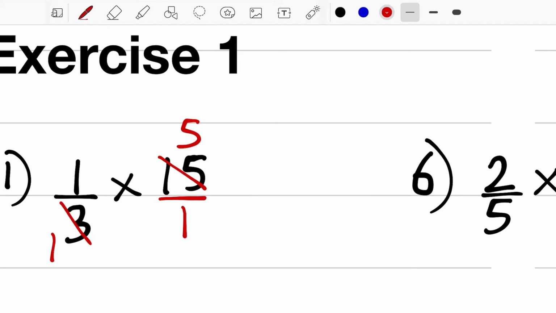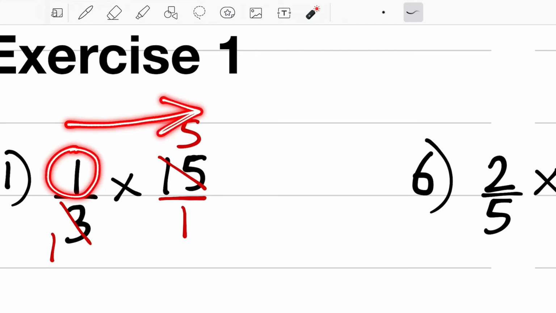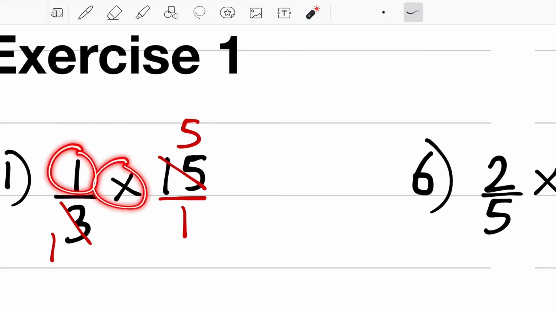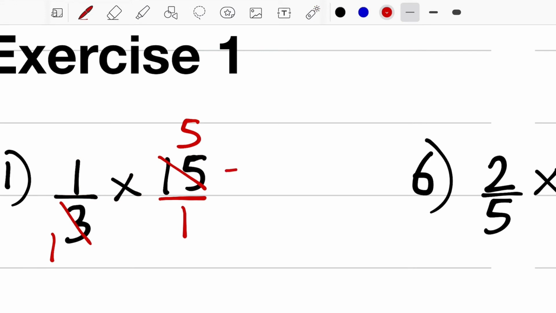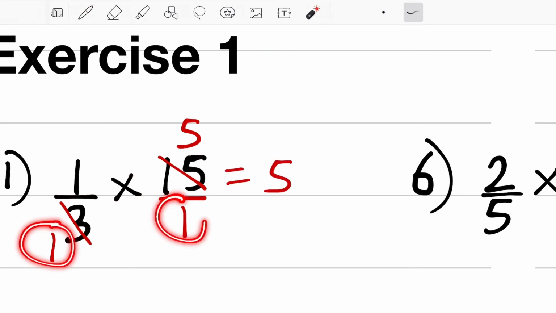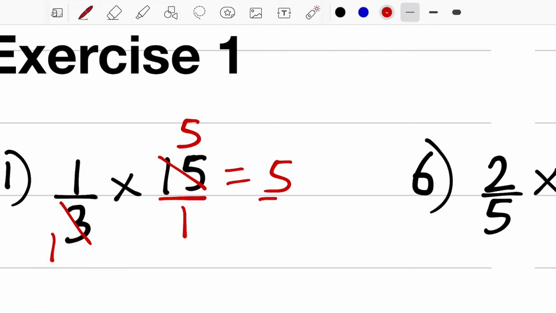So once there's no other number that we can divide a number on top and a number below by, then we can multiply across. So 1 times 5 is equal to 5, and below we have 1 times 1, and some persons put is equal to 1 and then they put anything divided by 1 is itself.